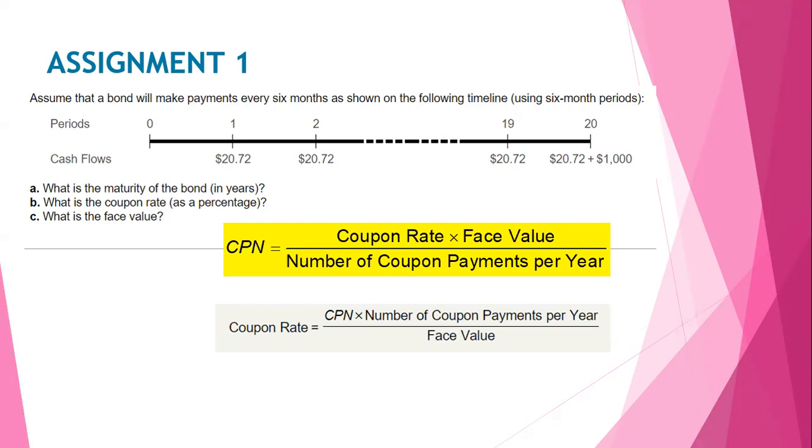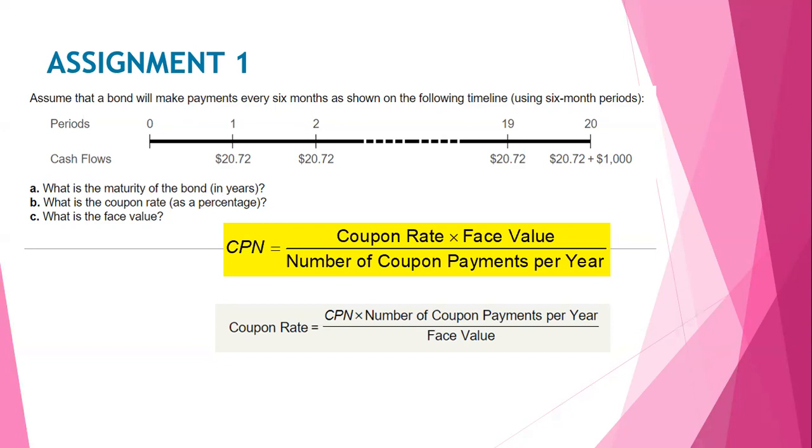So how do we get that 10? The maturity, again, is the number of payments divided by 2. The number of payments, as you see, is 20. 20 divided by 2 is 10. So it'll be 10 years.